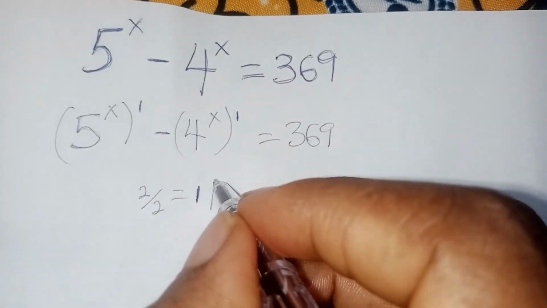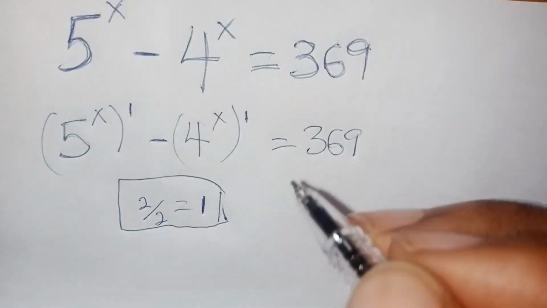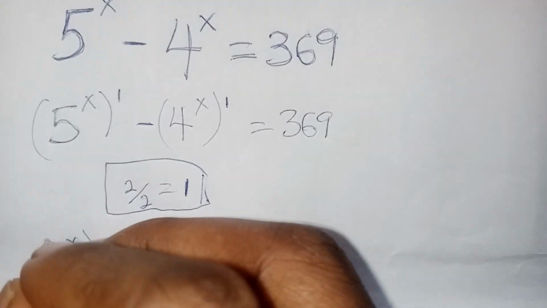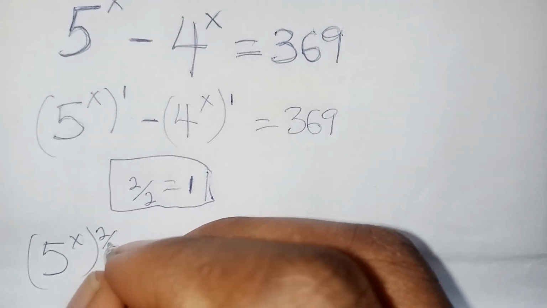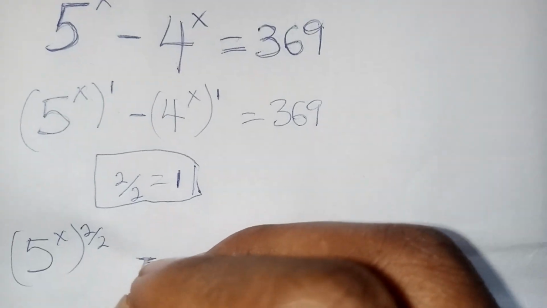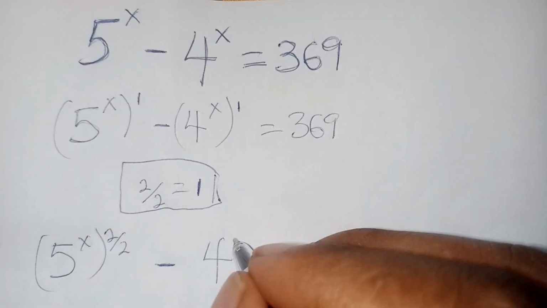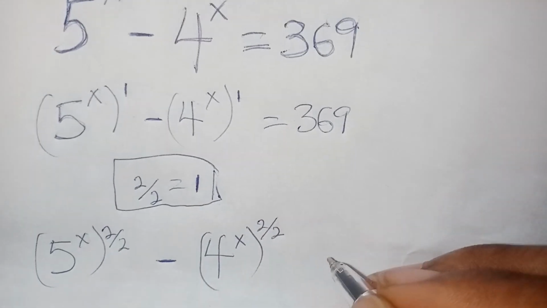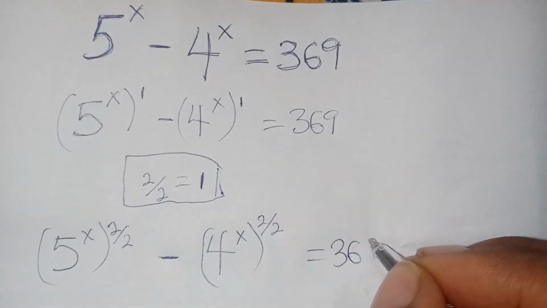We're going to be working with these, all right? And so we have 5 to the power of x raised to the power of 2 over 2 minus 4 to the power of x raised to the power of 2 over 2 equals 369.